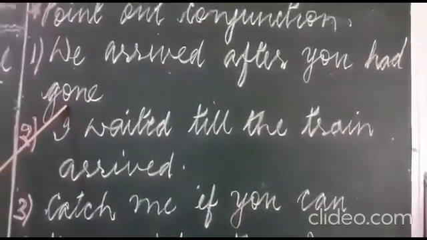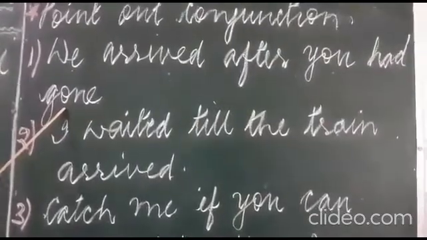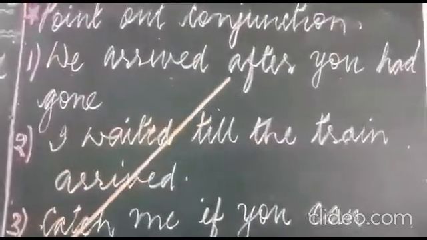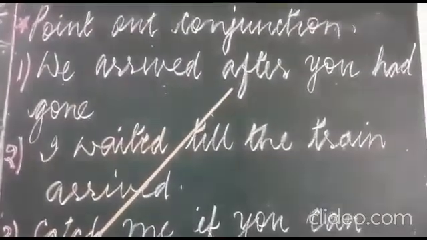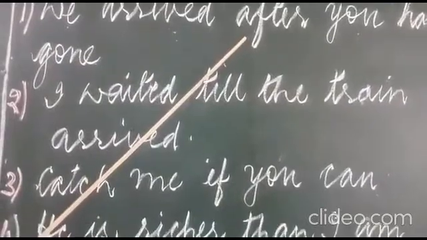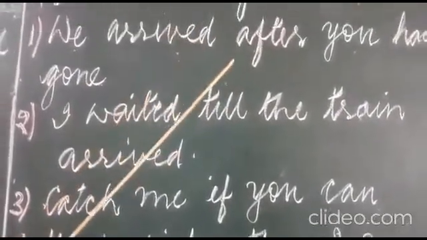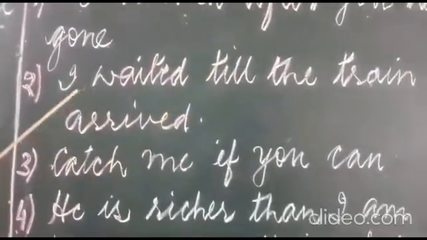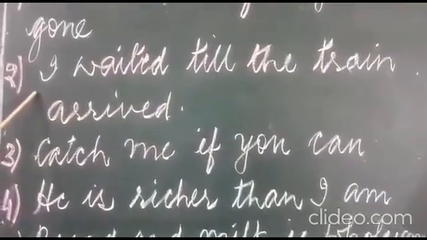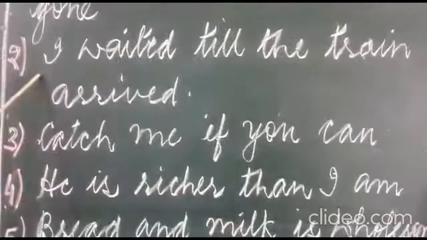We arrived after you had gone. I'm sure you can find out. This is conjunction, joining. We arrived, you had gone. Okay, this is depending on this, we arrived. So this is conjunction.